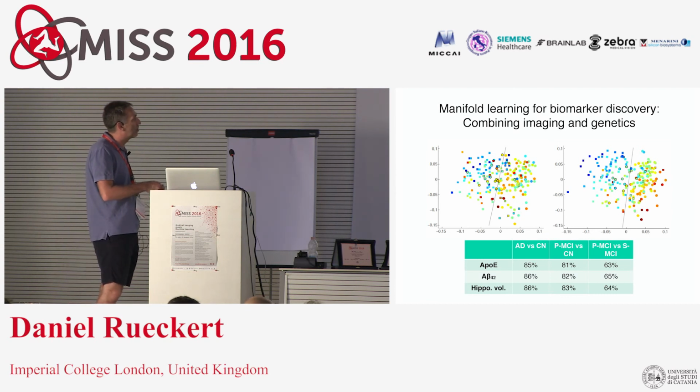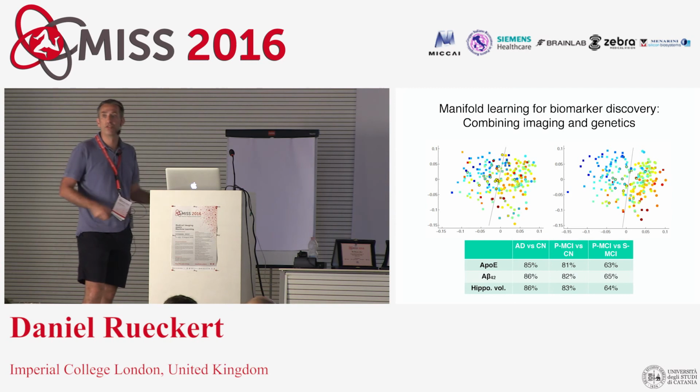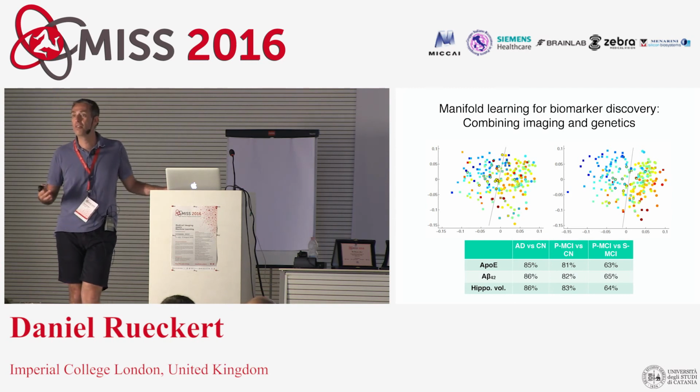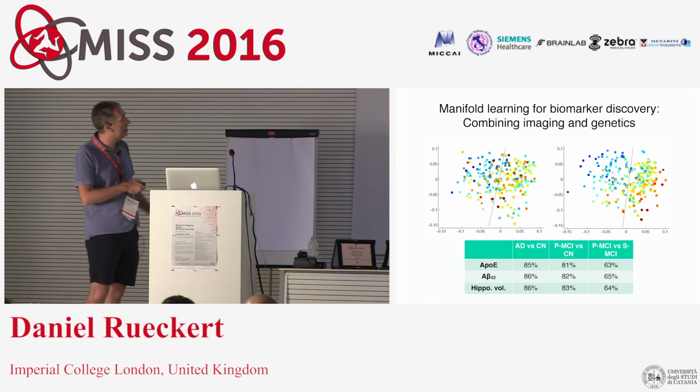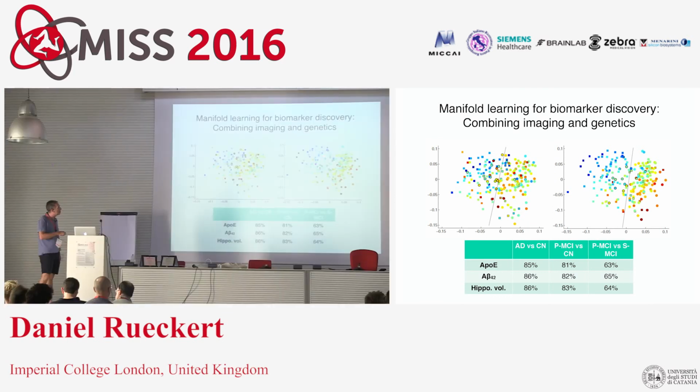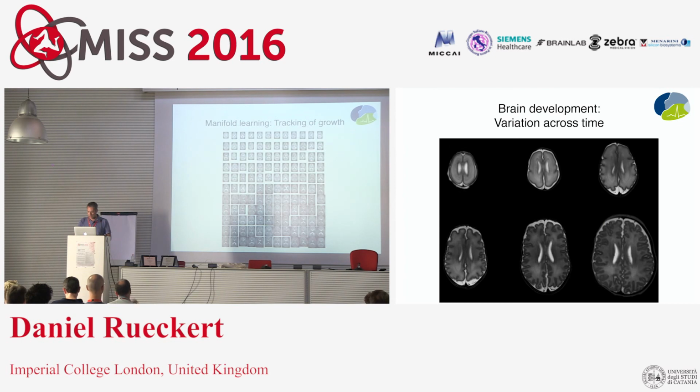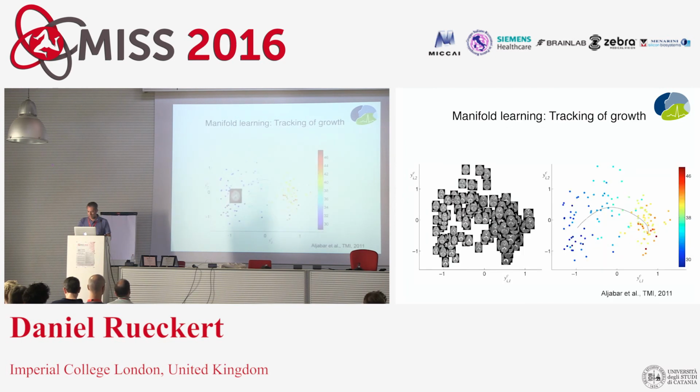On the right-hand side is the result of adding more information from the genetics. You can clearly see that the blue points are now better separated from the red points, and it's easier to classify them correctly.